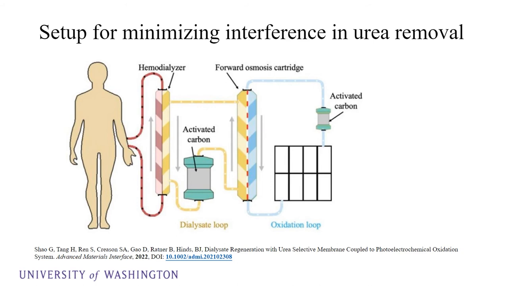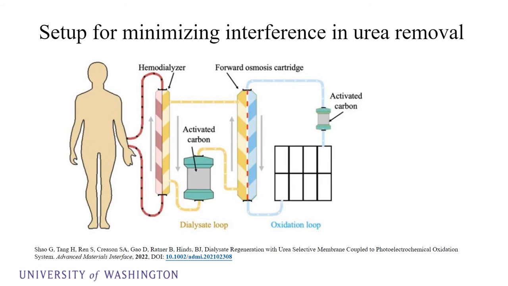And we have very good small molecule selective membranes. We imagine we can have a device working like this. First, we have a hemodialyzer interfacing with the patient, where all the large and small molecules will end up in the yellow dialysis loop.